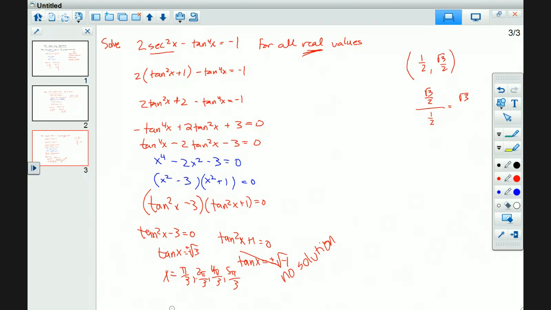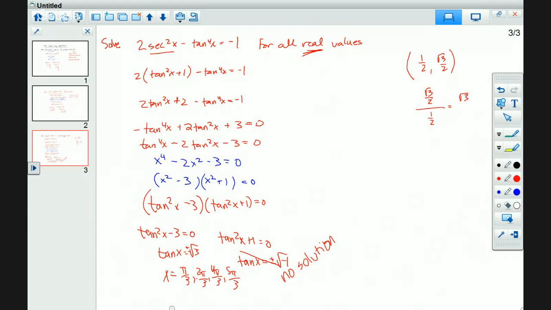Good. That was my answer. Are these all the real numbers possible? No, it's only 4 of them. It's one revolution, so those are the only ones we need to really write down.